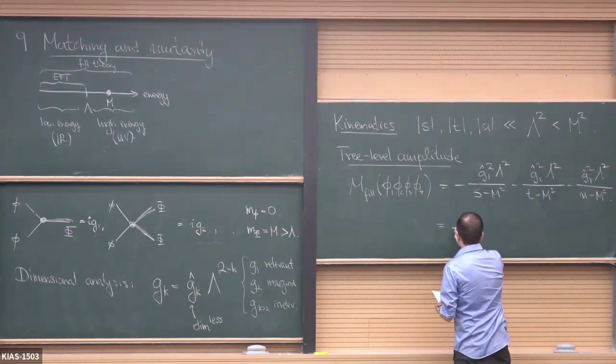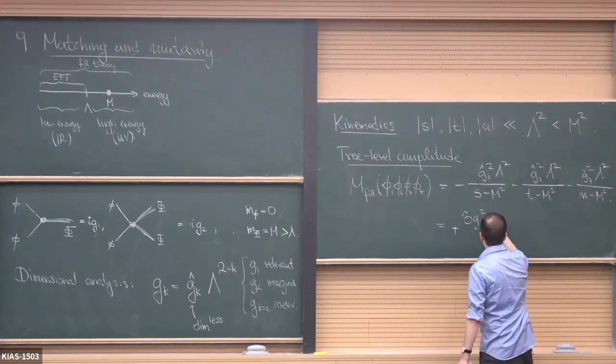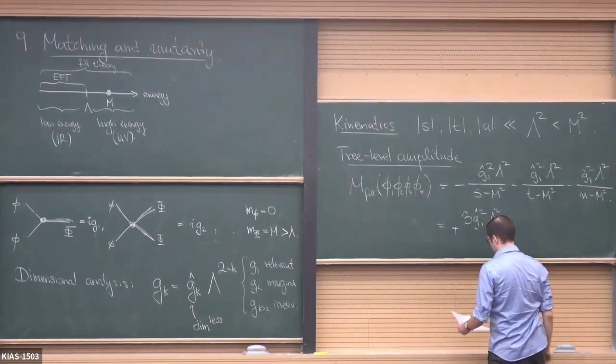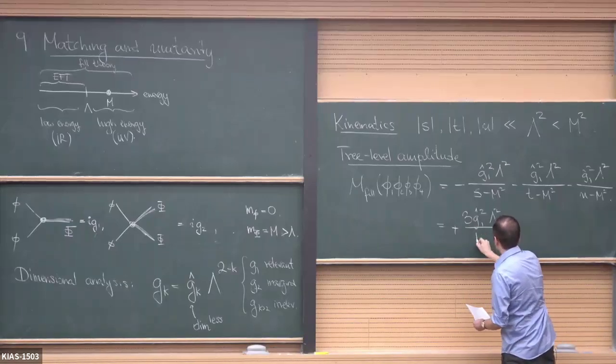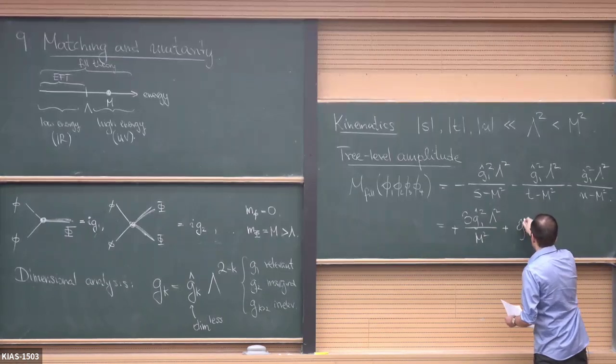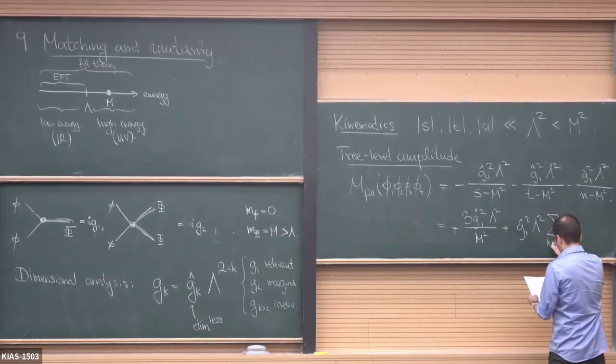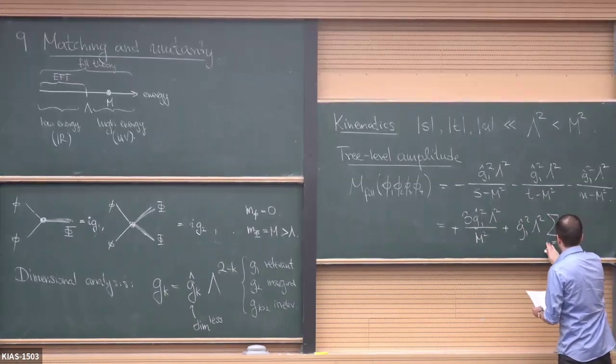So what this gives me is plus 3 G1 hat squared lambda squared divided by mass squared to leading order, and the subleading orders are going to be G1 hat squared lambda squared, and then a bunch of terms, let me call it i.